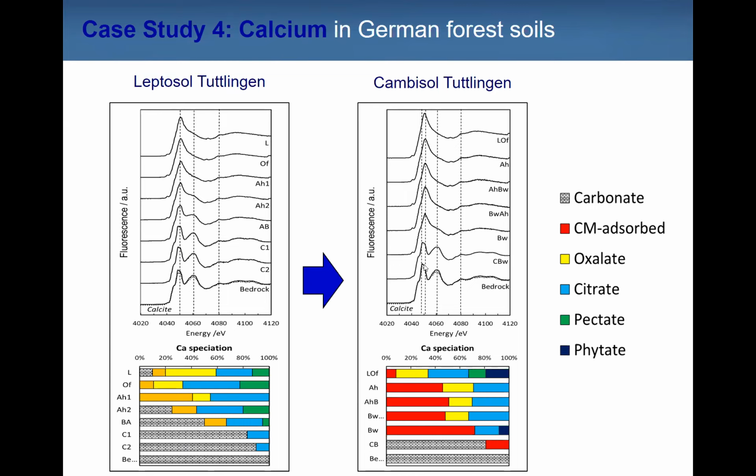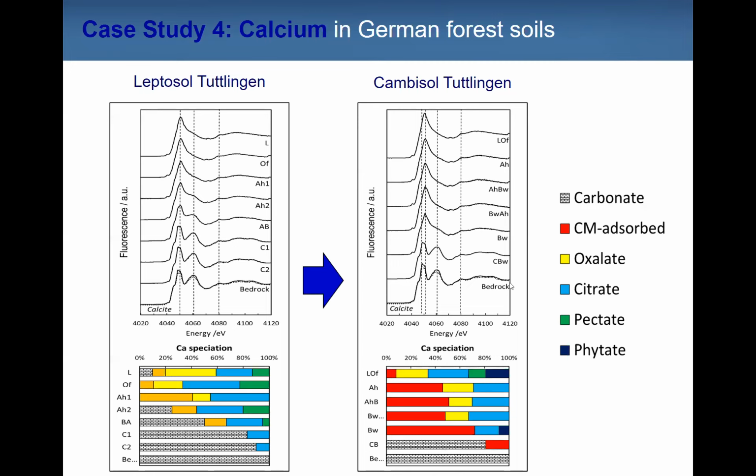The bedrock has disappeared in all horizons except the lowest ones. Here we have a clay-rich, brown, iron oxide-rich, fine material horizon, and the calcium here is mostly bound to clay minerals. And of course, in the upper topsoil, most of the calcium is organic.